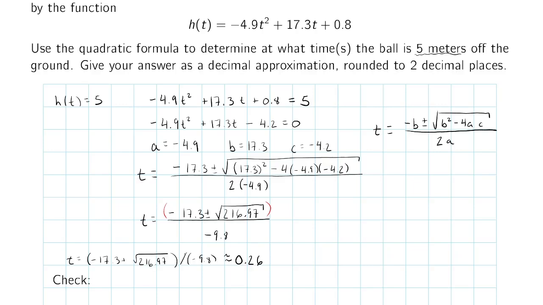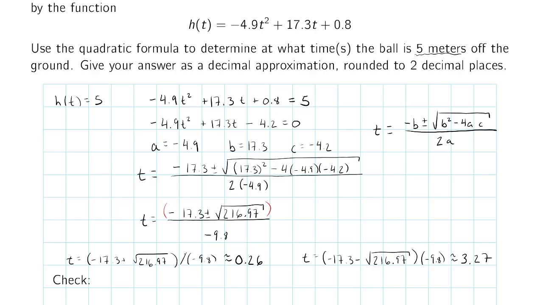Or t equals negative 17.3 minus the square root of 216.97, all over negative 9.8, which is approximately 3.27, rounding to 2 decimal places.